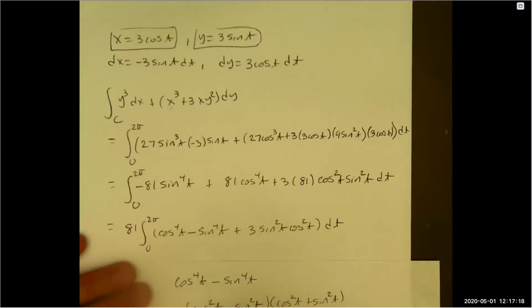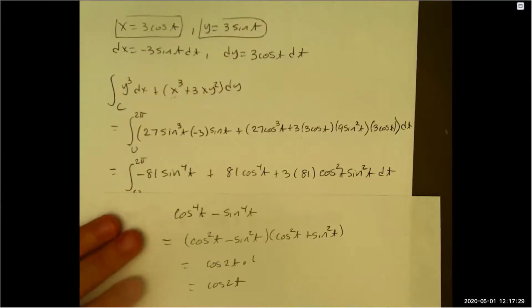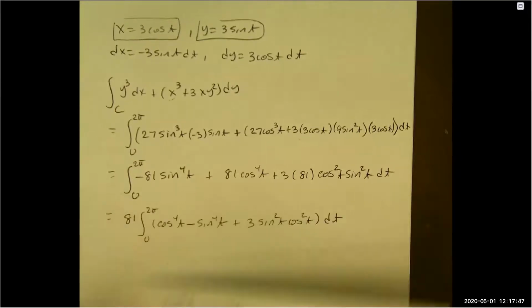And this is equal to cosine of 2t times 1, which is cosine of 2t. Remember, cosine squared plus sine squared is 1, and cosine squared minus sine squared is cosine 2t. So that whole thing is just cosine of 2t.